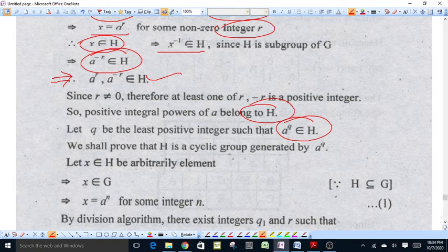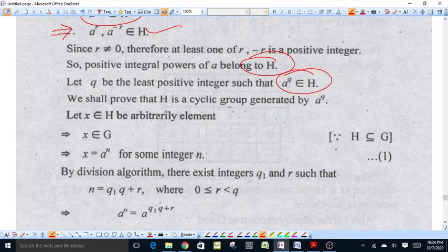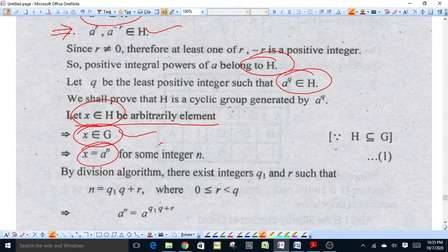Now we shall prove that H is a cyclic group generated by a raised to power q. Let x be an arbitrary element of H. That implies x belongs to G, because H is a subgroup of G. Therefore, every element which belongs to H also belongs to G. This means x will be of the type a raised to power n for some integer n, because x belongs to G and the generator of G is a.